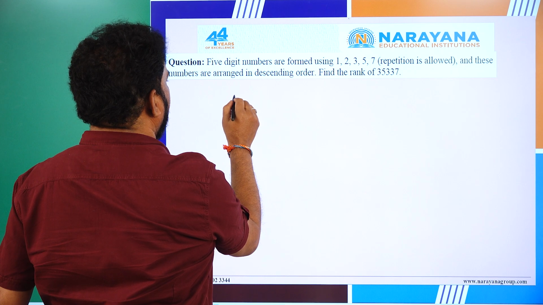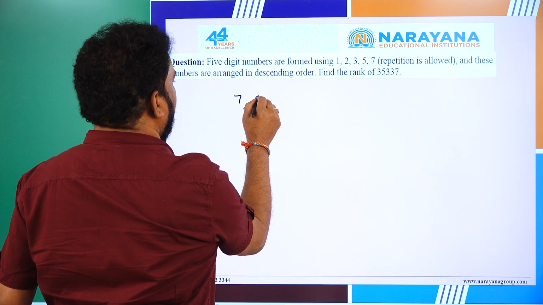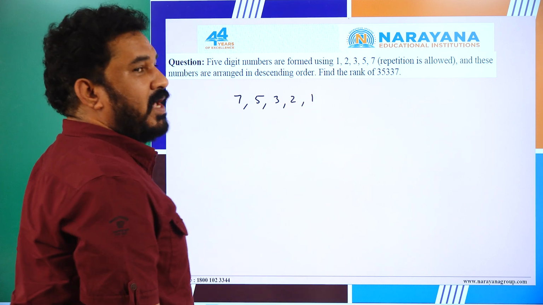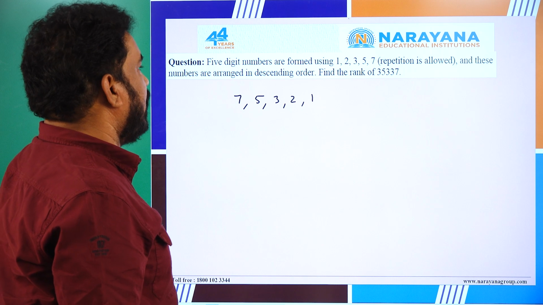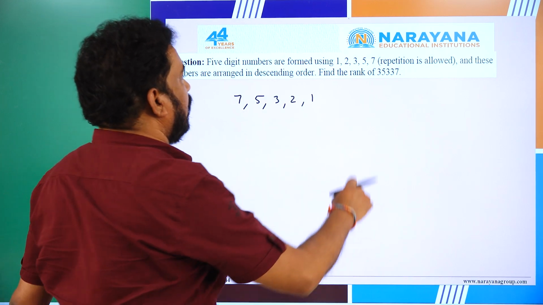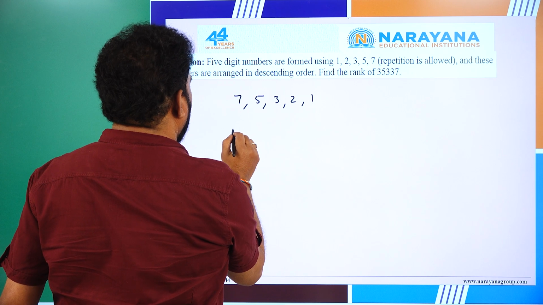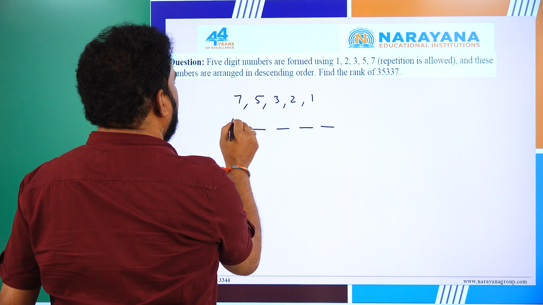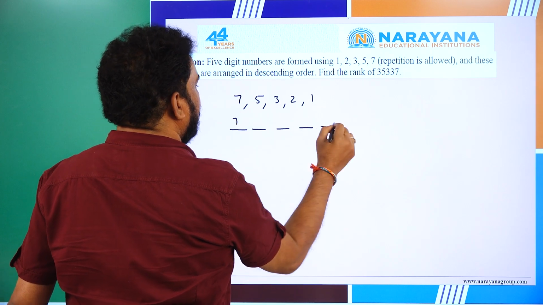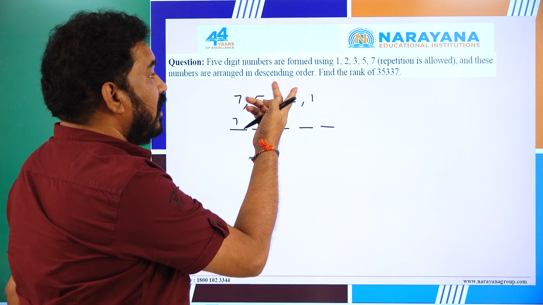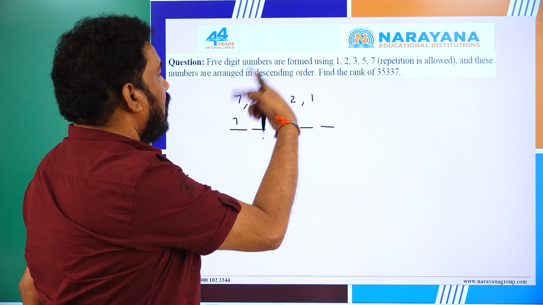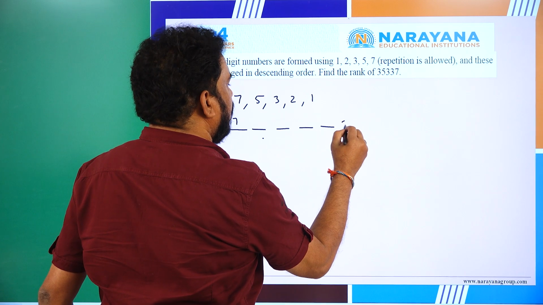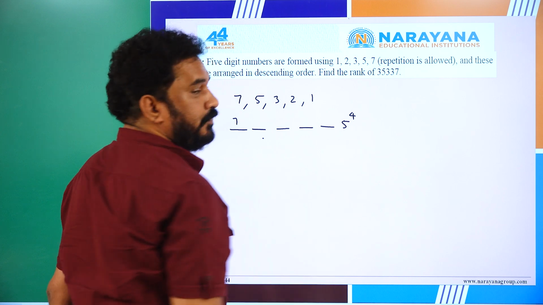In decreasing order the digits are 7, 5, 3, 2, 1. We have to make 5-digit numbers in decreasing order, and find the rank of this number. So we have 5 places. Starting with 7, the remaining 4 places can be filled by 5 into 5 into 5 into 5, since repetition is allowed, so that is 5 power 4 ways.